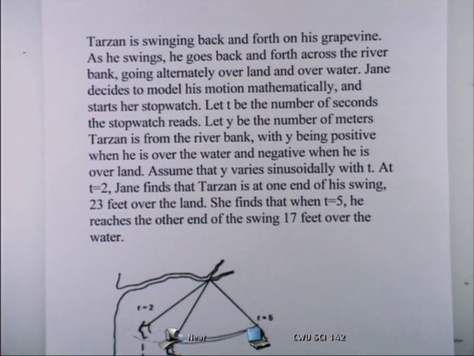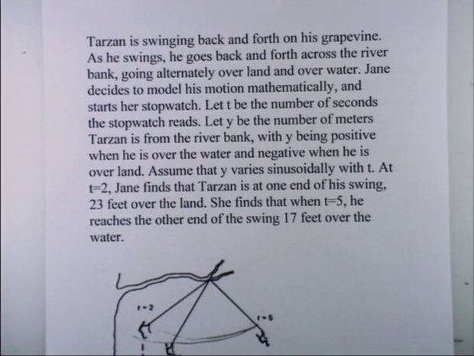Jane decides to model his motion mathematically and starts her stopwatch. Let T be the number of seconds the stopwatch reads, and let Y be the number of meters Tarzan is from the riverbank, with Y being positive when he's over the water and negative when he's over land. Assume that Y varies sinusoidally with T.